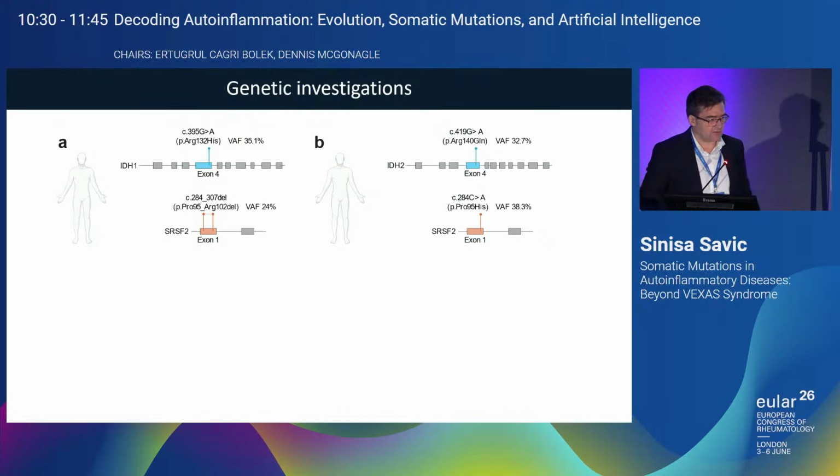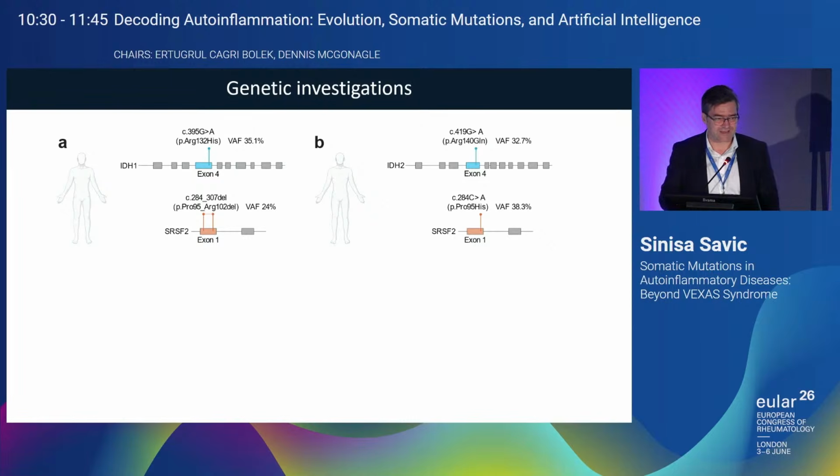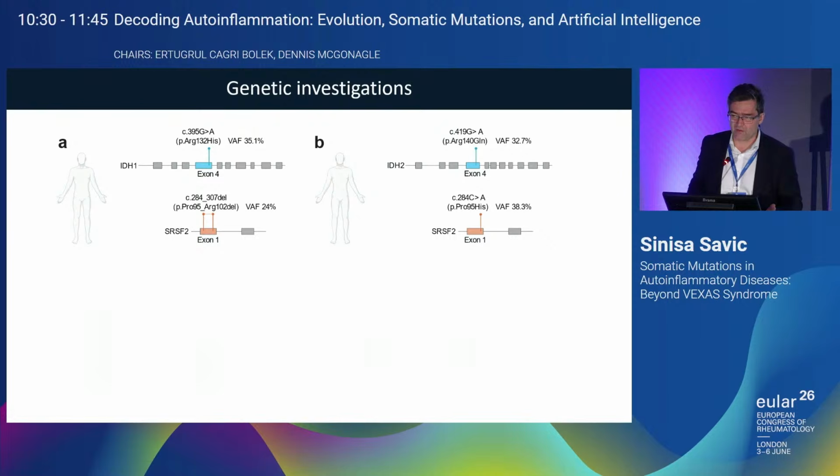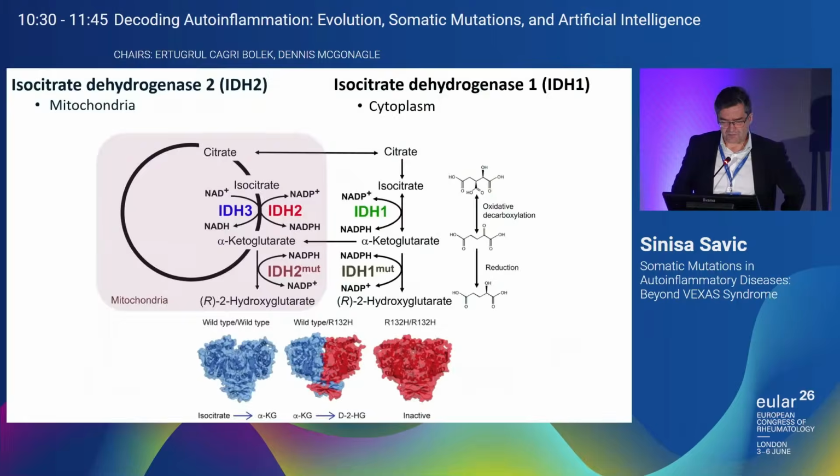The first step was to ask the question: is this behaving similarly to VEXAS, in the sense that these mutations are largely confined to the myeloid compartment? That would give us some idea that this probably follows a similar pattern. And indeed, when you do the cell sort and check where the mutations are, they're largely found in the myeloid compartment.